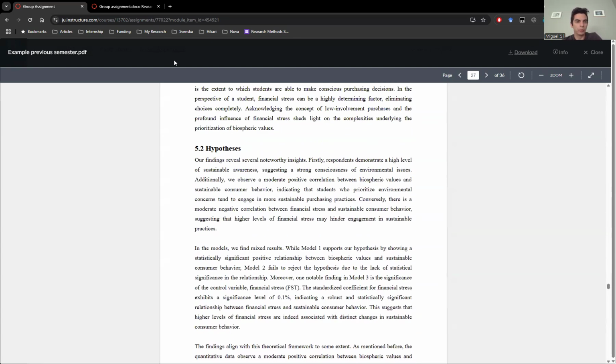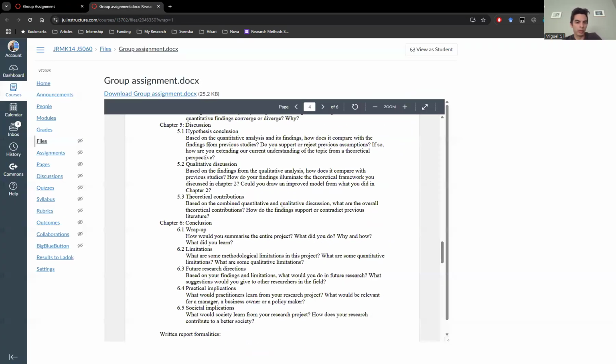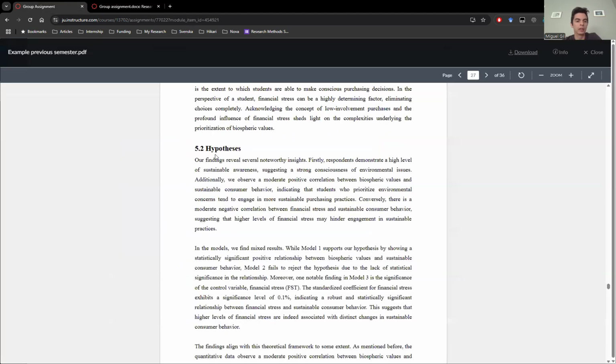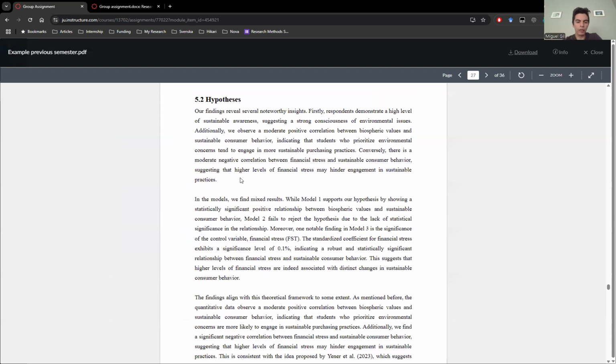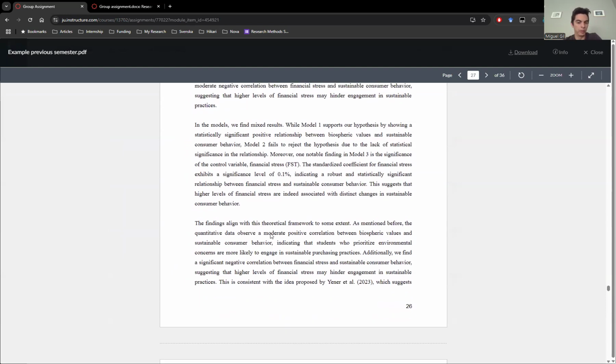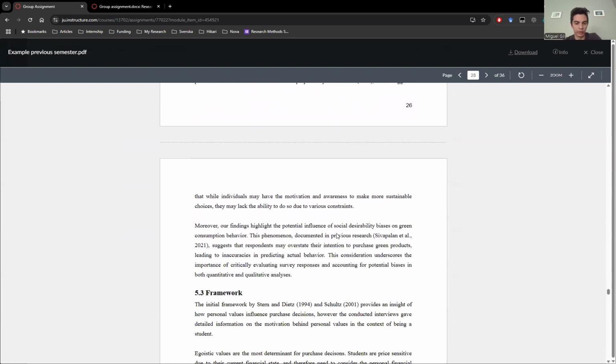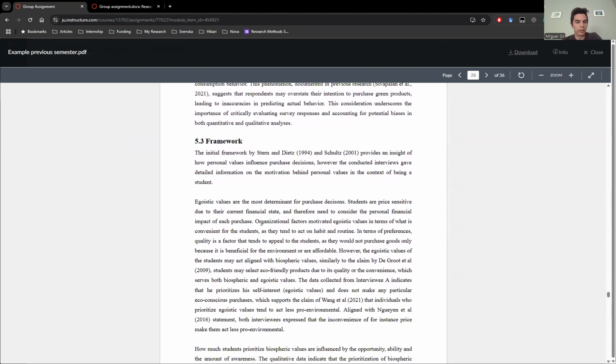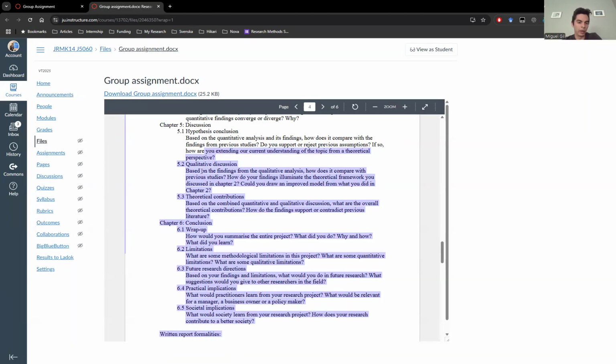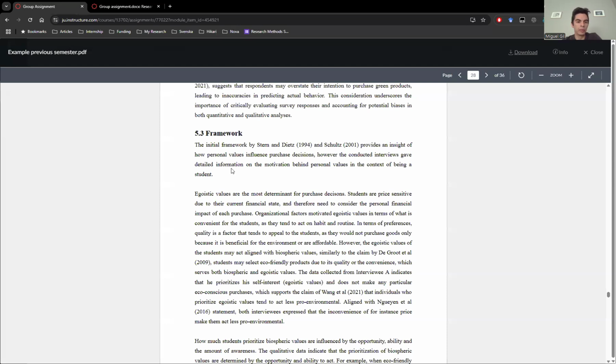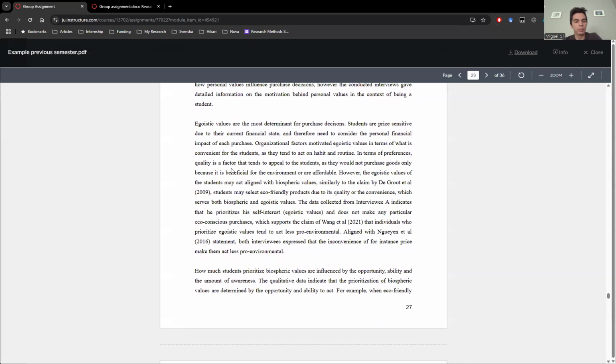In 5.2, what they did is basically the hypothesis conclusion. So this is the quantitative discussion. They discuss how their findings contrast with previous studies, and they use some references in here. And the framework, they name it framework, is the qualitative discussion. And this is super good. Actually, this part is very good.